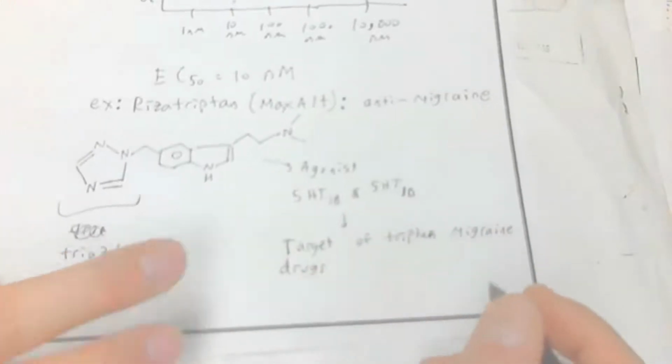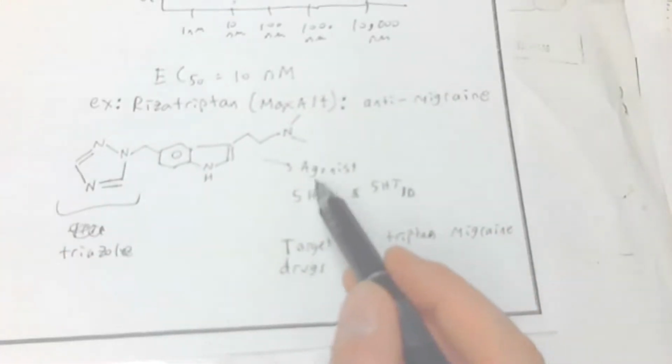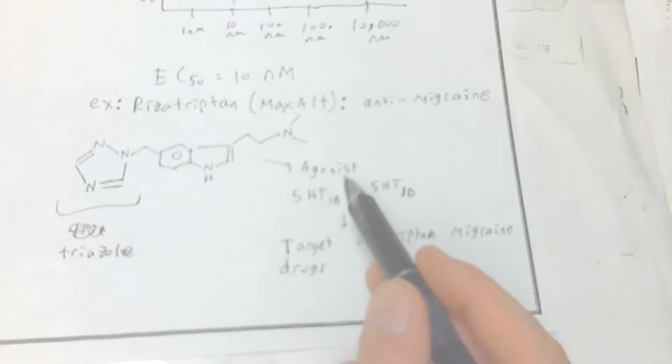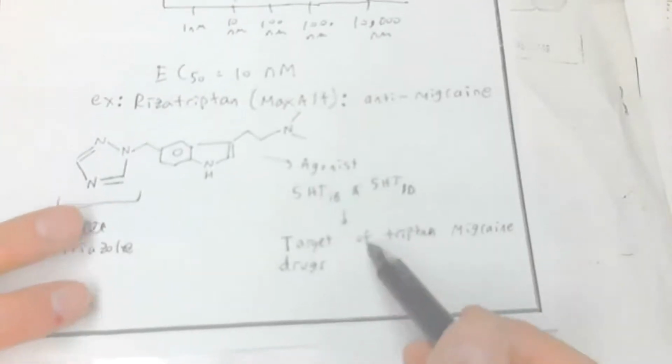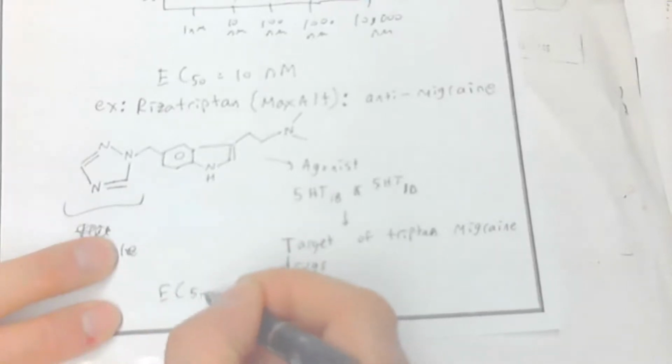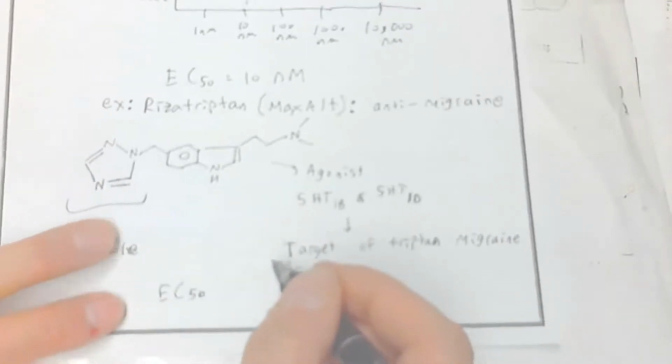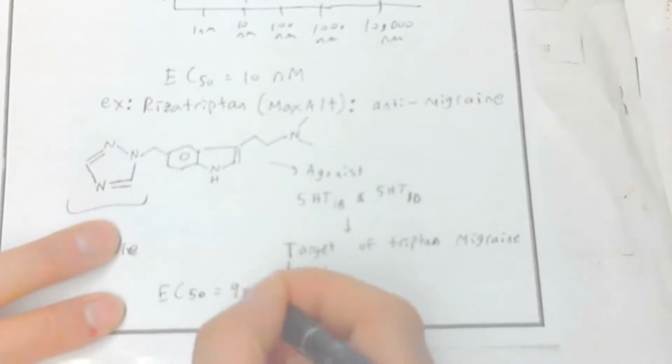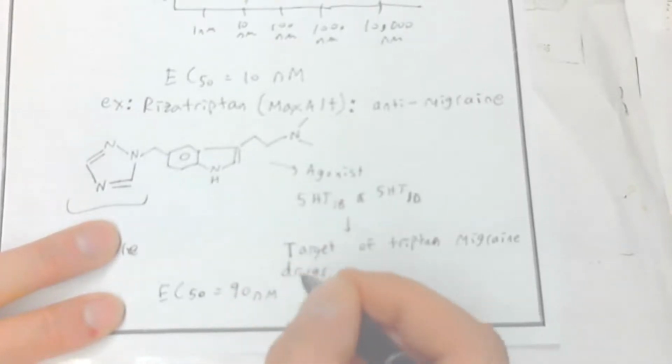And being something you activate as opposed to inhibit, this would be a case where there's an EC50 value, and the EC50 is a known value. The EC50 is 90 nanomolar in humans.